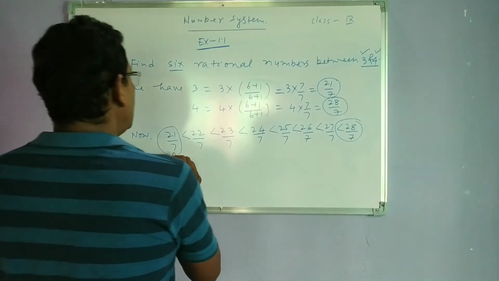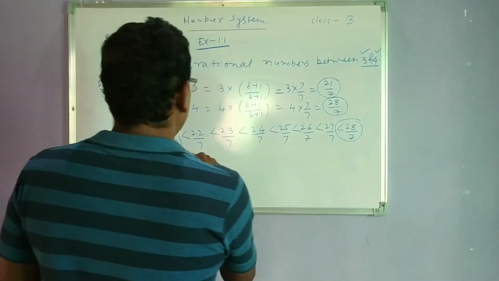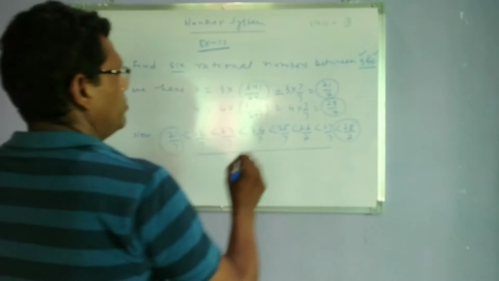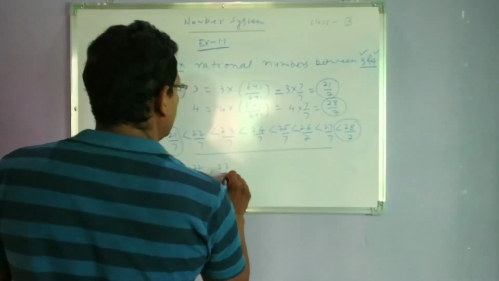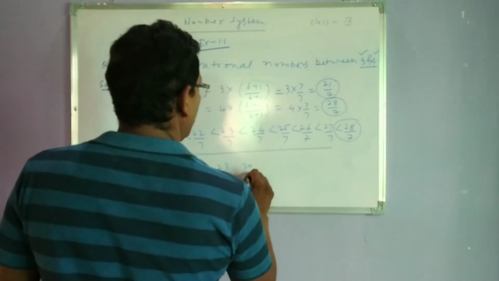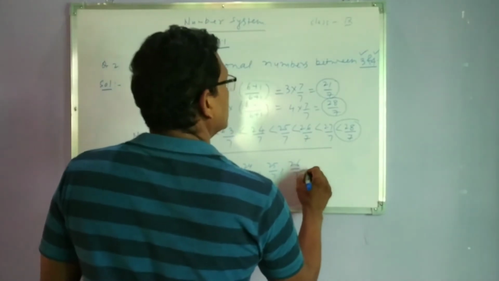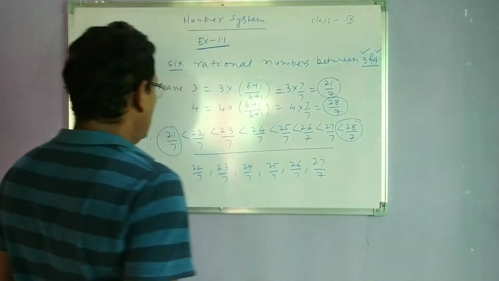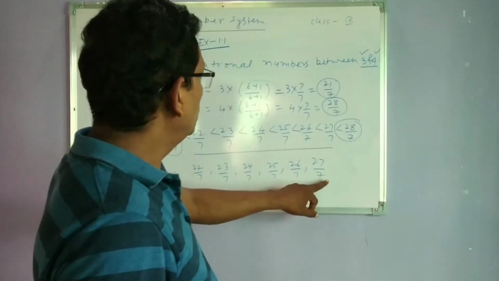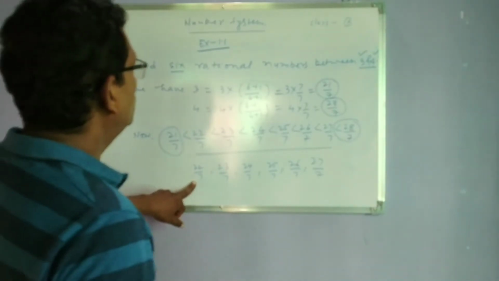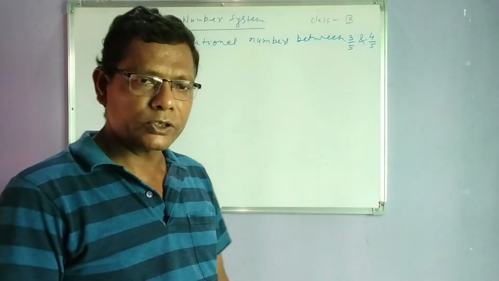So the numbers in between 21 by 7 and 28 by 7 are 22 by 7, 23 by 7, 24 by 7, 25 by 7, 26 by 7, 27 by 7. Now count: 1, 2, 3, 4, 5, 6. So these 6 numbers are in between 3 and 4. Going to solve next question.